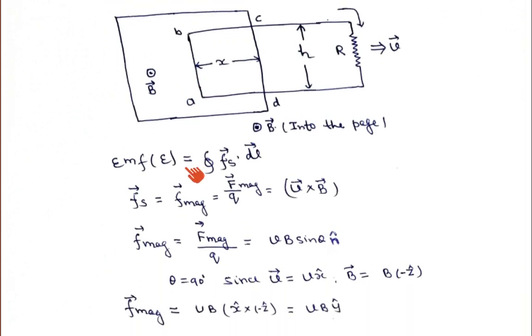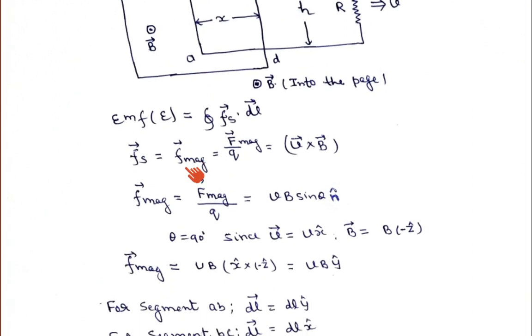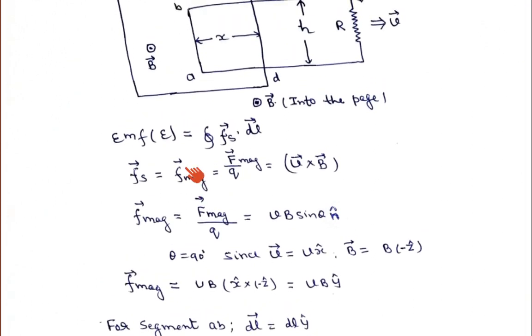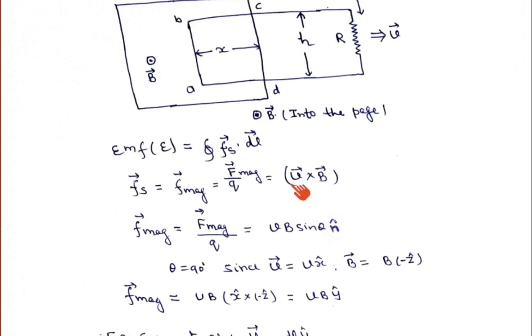If we try to calculate F magnetic, we can write v cross B as vB sin theta times the normal unit vector. It means this force will always be perpendicular to the direction of velocity and magnetic field.